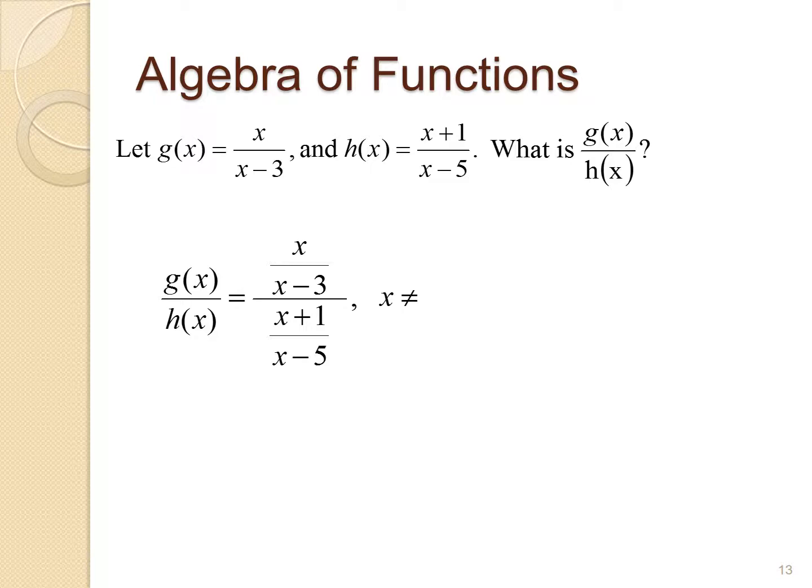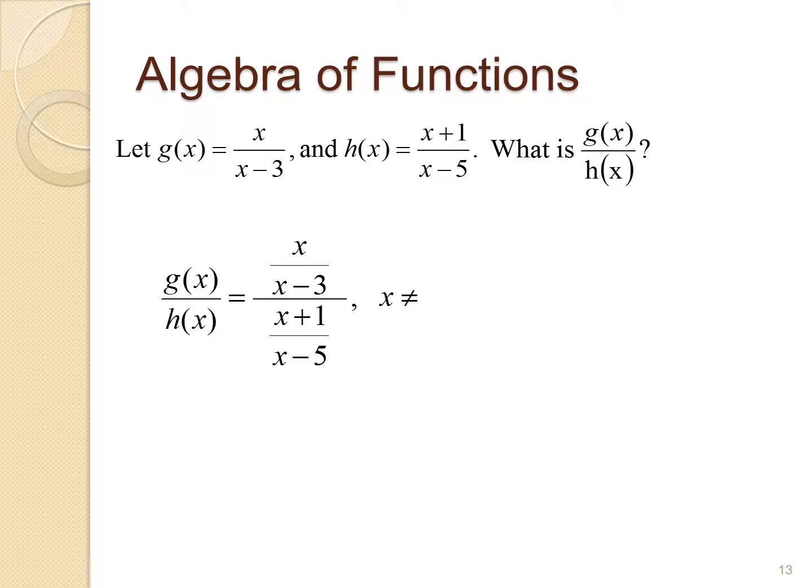There are several values here, because since this is a fraction, this x minus 3 can never equal 0. And this can never equal 0 as well, because h of x has the denominator x minus 5. x cannot equal 5. And x cannot equal 3, of course. When we look at that, we see that here, and so those values need to be listed.